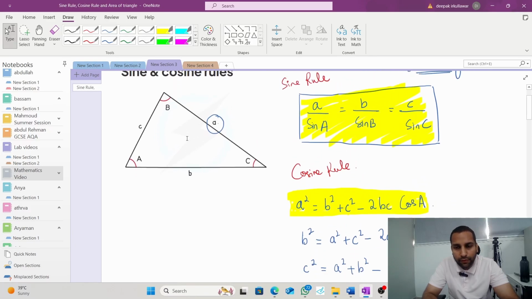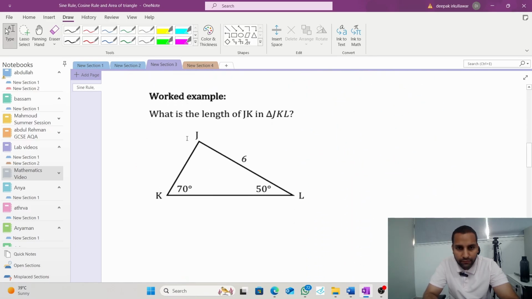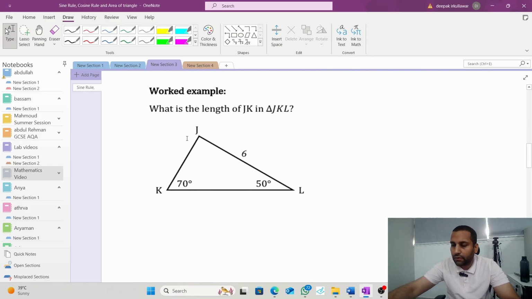Now how it is useful, let us see one example. In this worked example, suppose you are given a triangle which is non-right angle, and you are asked to find out the length JK.